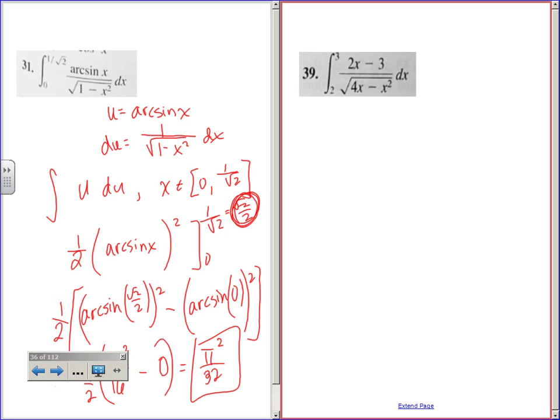What do you see? Some of you are like, complete the square. I heard split up. How many of your brains went straight to arc sine, or arc secant, or arc something with a square root? How many of your brains considered u sub for at least a second? Okay.